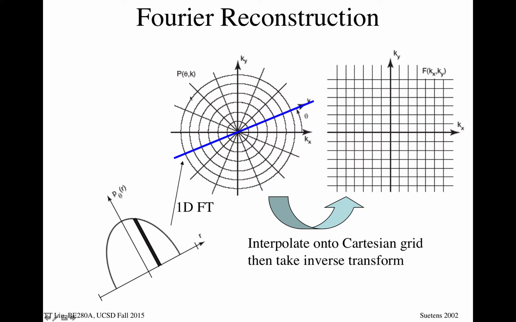Well, one proposal would be, let's just get a bunch of these radial samples at different angles, and now I have sort of a pinwheel of samples through the Fourier transform of the object, right?